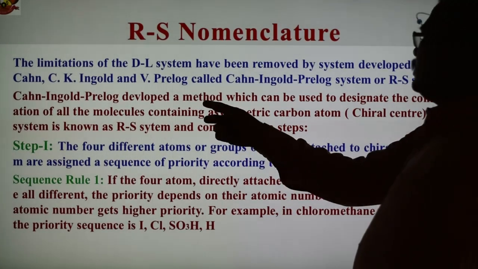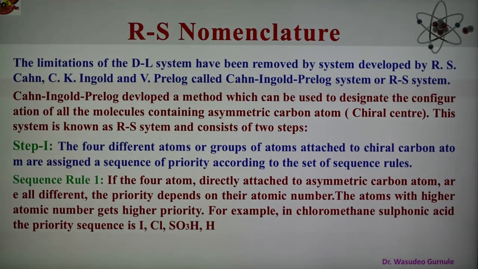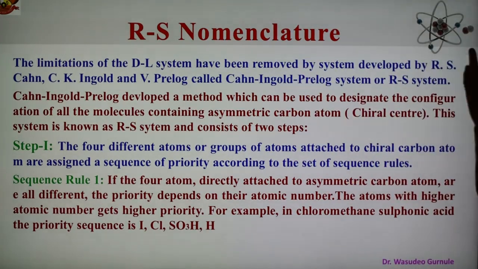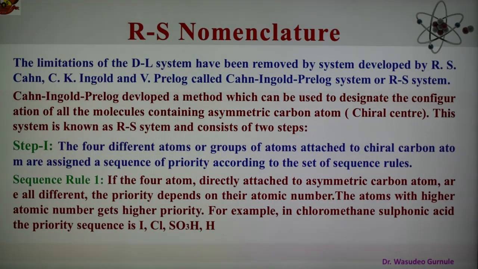These scientists developed the method which can be used to know the configuration of all molecules containing an asymmetric carbon atom, that is, chiral centers. This system consists of two steps, and step 1 consists of three sequence rules to know the priority order of the atoms or groups of atoms.